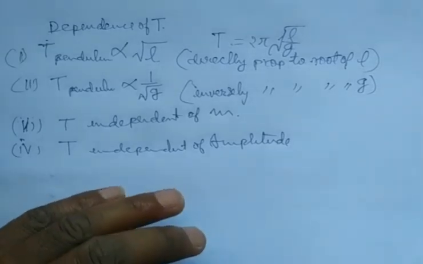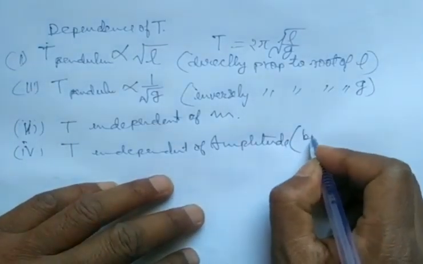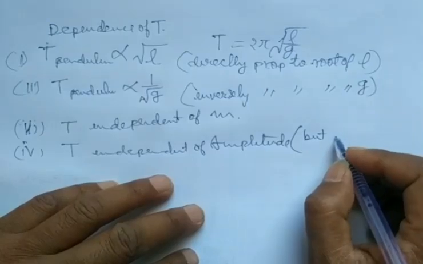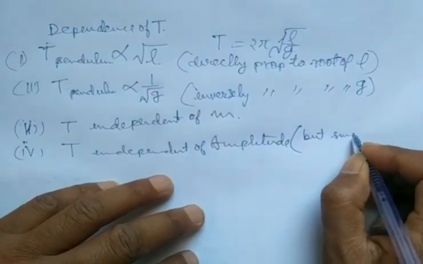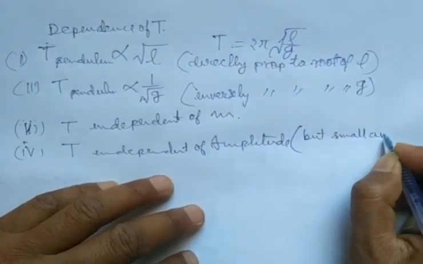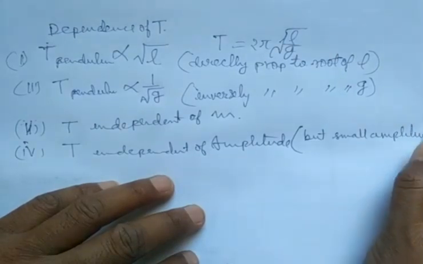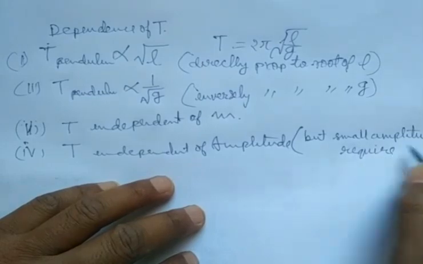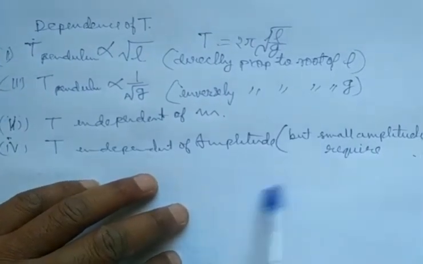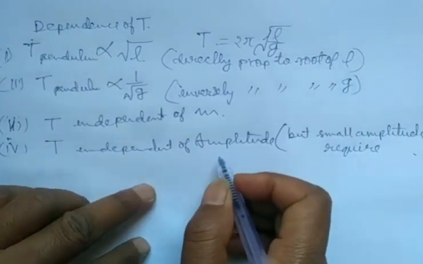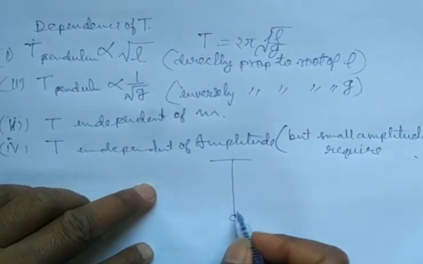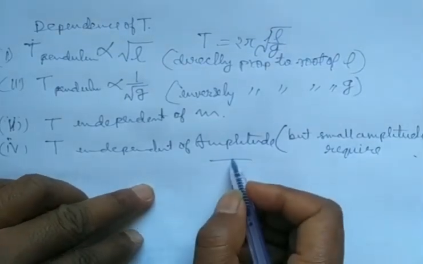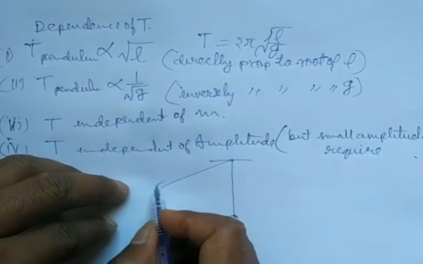So it is independent of amplitude, but there is a condition. Small amplitudes are required. It doesn't mean that it depends upon amplitude. Actually, small amplitude means you should not oscillate the pendulum like a park swing.